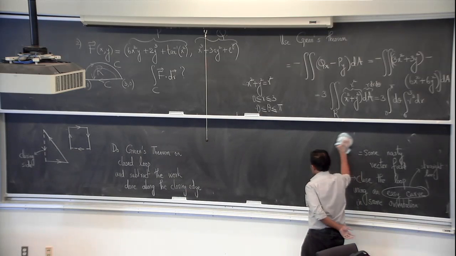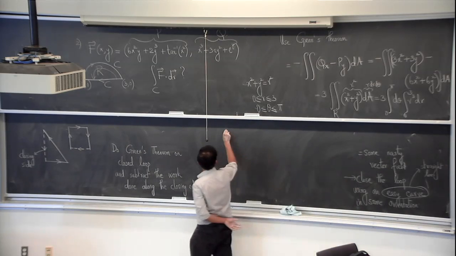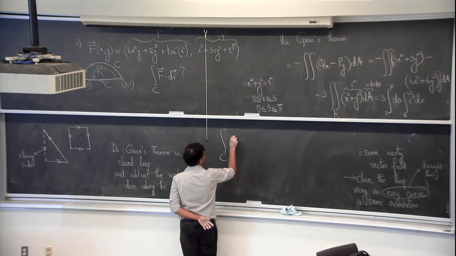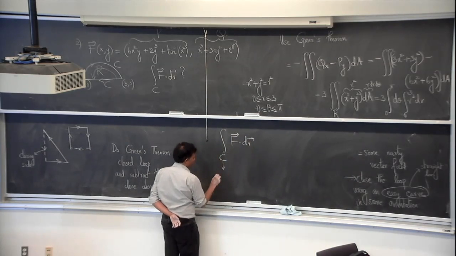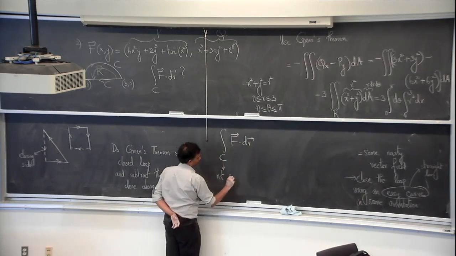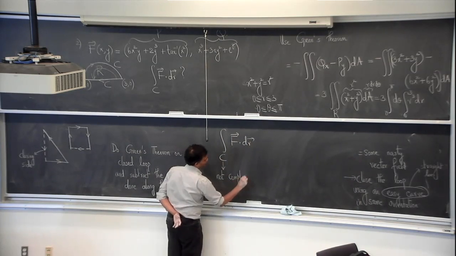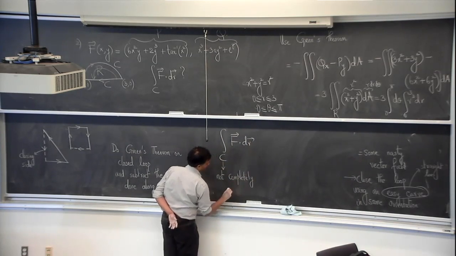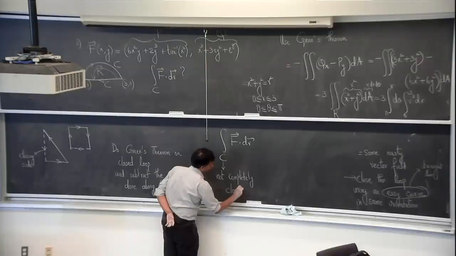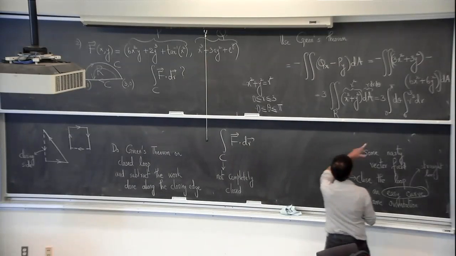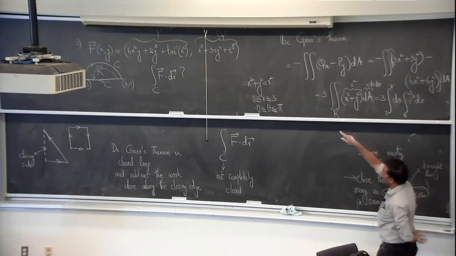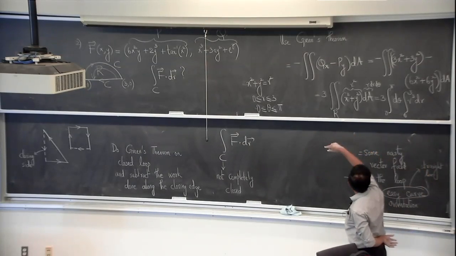So this is the idea. The integral along C of F dot dr, which is not perfectly closed. What you do is add a closing side. Let's call it C1. All those straight lines I drew there.